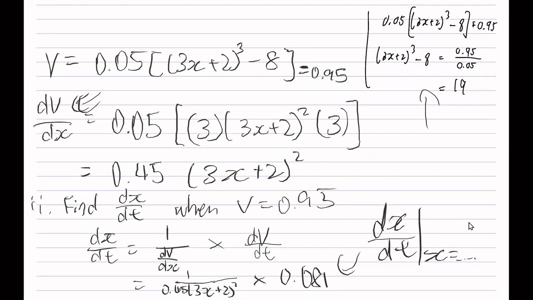Then I can bring this minus 8 over. So I'm left with 3x plus 2 cubed equals 19 plus 8, which is 27. So 3x plus 2 in brackets, cubed, equals 27.